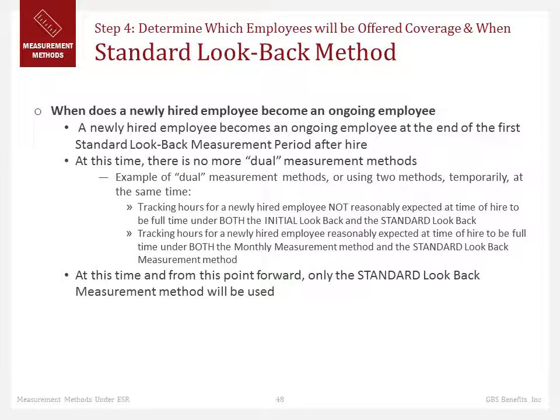Okay. So when does a newly hired employee become an ongoing employee? This kind of dovetails with what we're talking about here, because a newly hired employee becomes an ongoing employee at the end of the first standard look-back measurement period after hire.